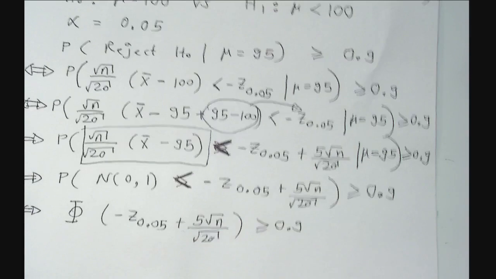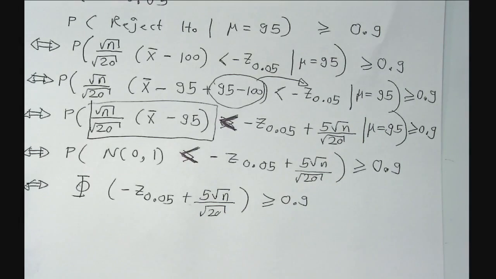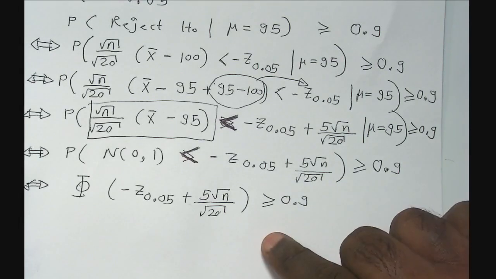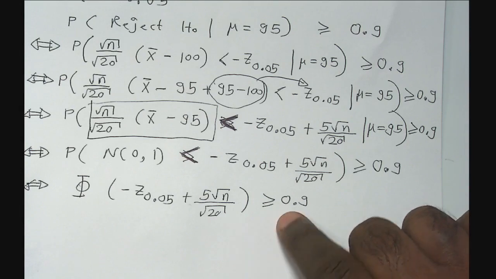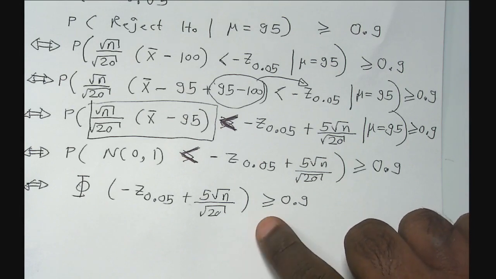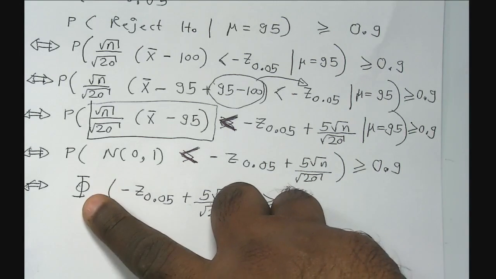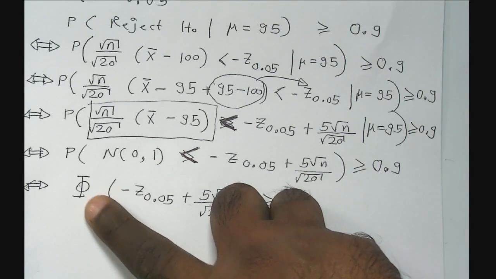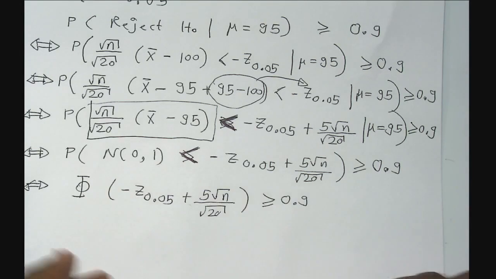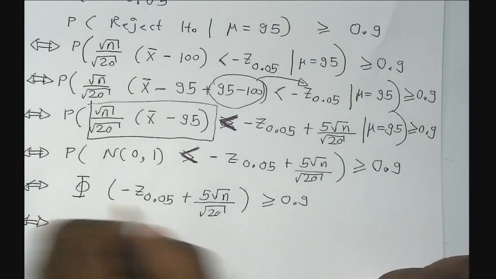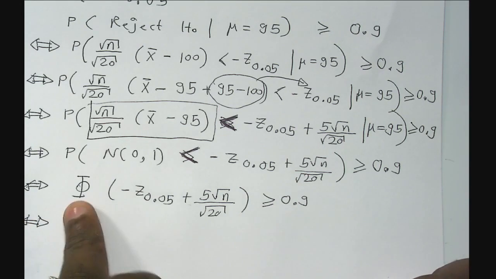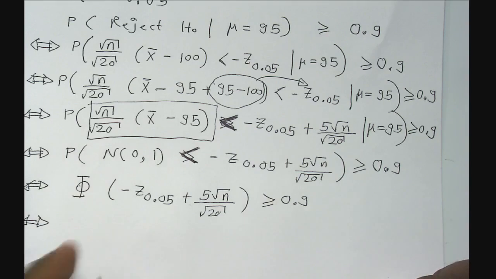Now, just pause for a moment and see: the question was to find the value for n, the sample size. So we need to solve this inequality for n. The next step is to get rid of this function phi. How can you get rid of this? You take the inverse function. You multiply both sides of the inequality by the inverse of phi.